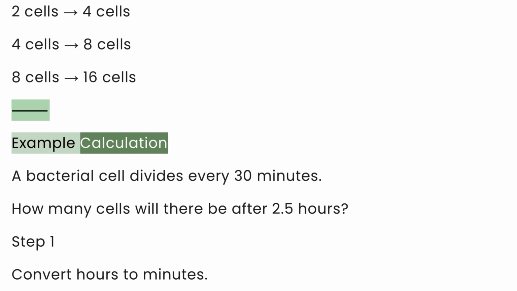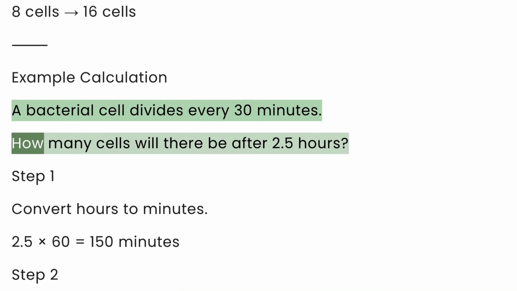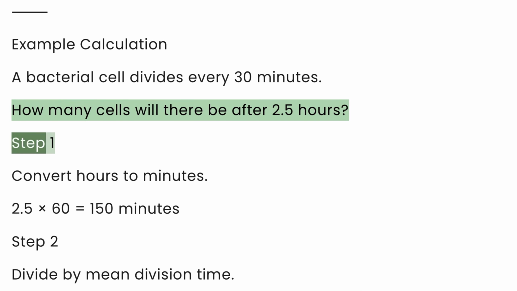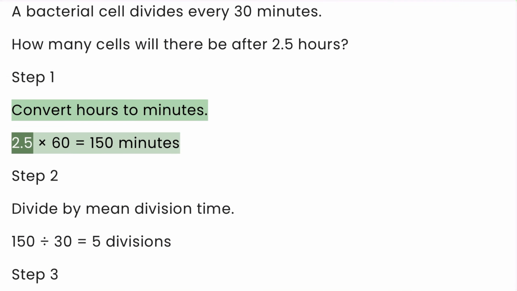Example calculation. A bacterial cell divides every 30 minutes. How many cells will there be after 2.5 hours? Step 1. Convert hours to minutes. 2.5 × 60 equals 150 minutes.